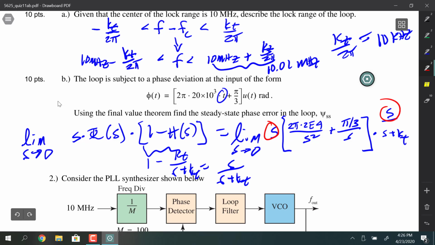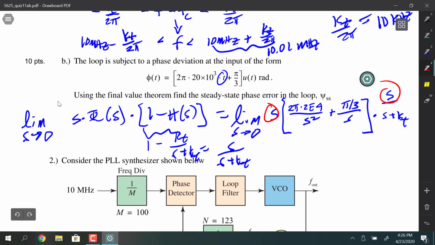right in here, and that s squared could be absorbed into the denominator to get rid of the s's we see in there, but then we'd end up only getting rid of one in here, so we'd still have an s sitting up there.